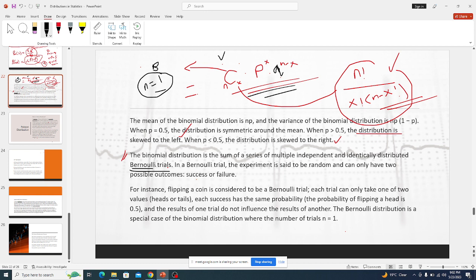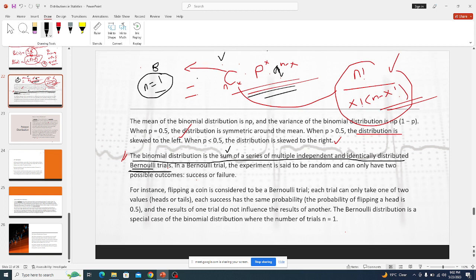Okay, let's check on this. So binomial distribution is the sum of a series of multiple independent and identically distributed Bernoulli trials. So it is like the sum of a series of this.